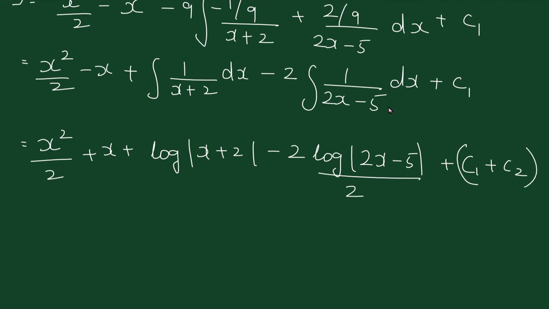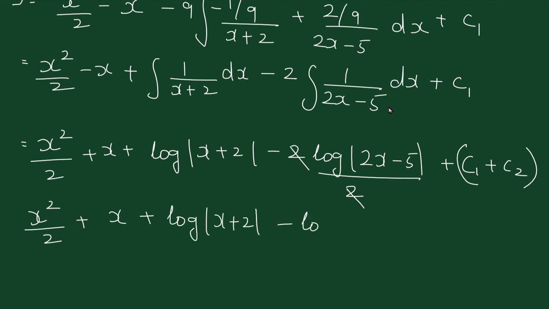Now c1 and c2 together can be written as one constant, that is c, in the next step. So 2 gets cancelled over here, so we get x square upon 2 plus all the other terms are same, plus c. Now combining the constants we get c.